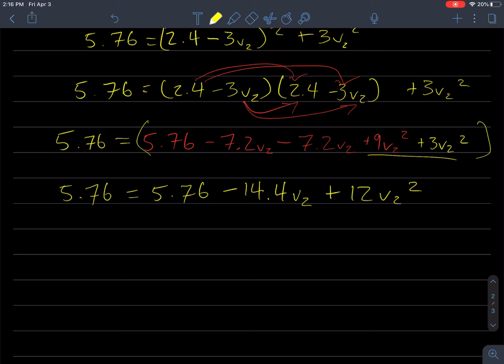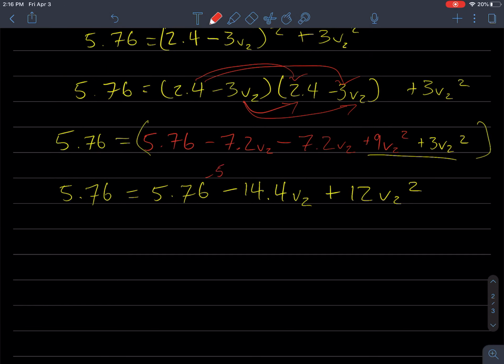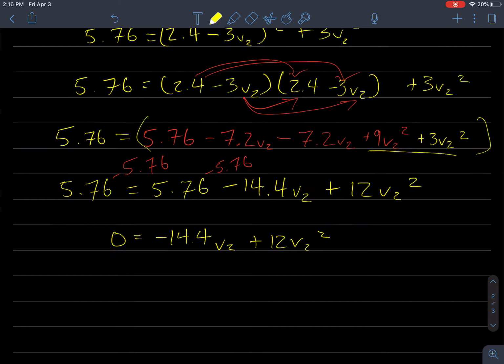All right, so now what we really have is kind of a quadratic equation, which we could use the quadratic formula to solve, but again, we don't even have to go that far. What we're going to do here, we can subtract 5.76 from both sides to get rid of that, which leaves us with 0 equals negative 14.4 v2 plus 12 v2 squared.